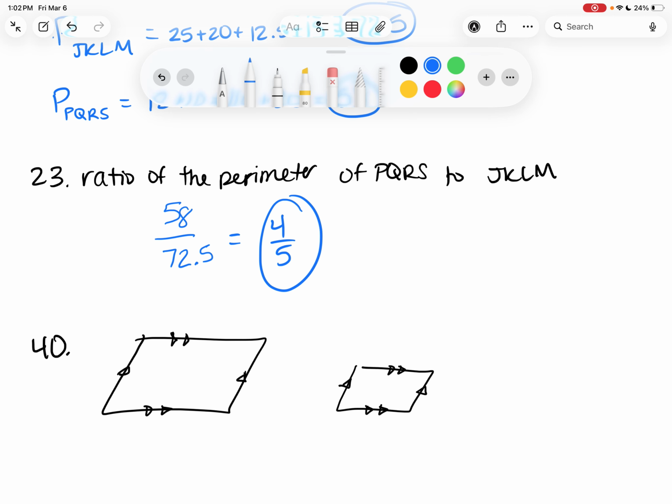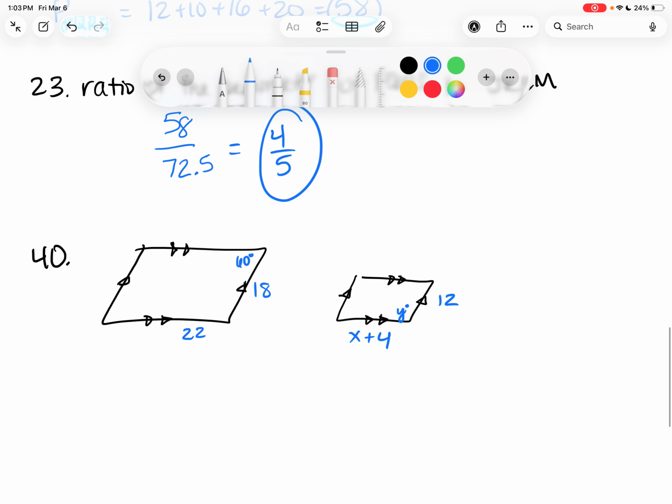So we've got all these given values here, and we're solving for x and y. We haven't really talked about solving for the angles yet, so let's start with x, the side length, and then we'll go into that.